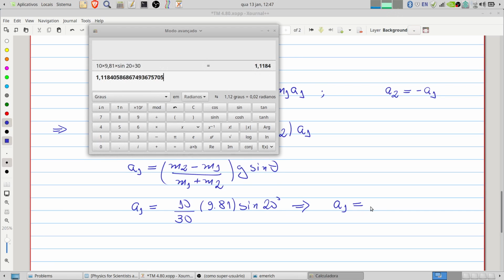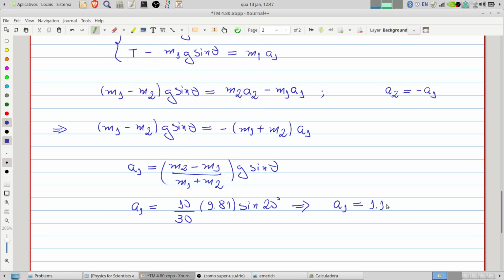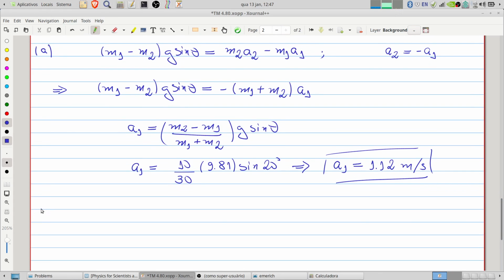There is 1.12 meters per second squared. This is item A. Of course, the acceleration of block 2 will be minus 1.12. It's not necessary to solve it.